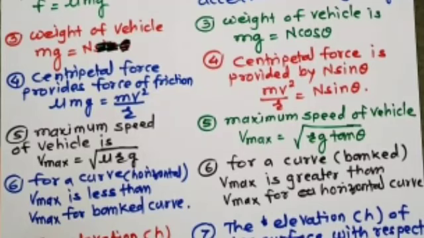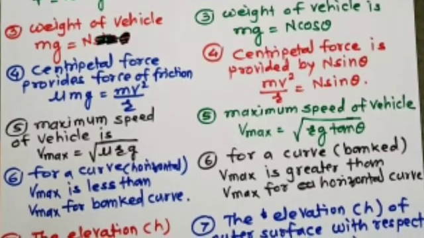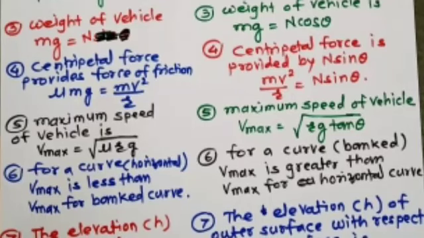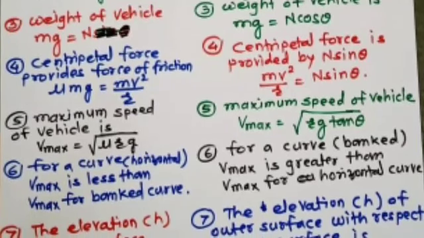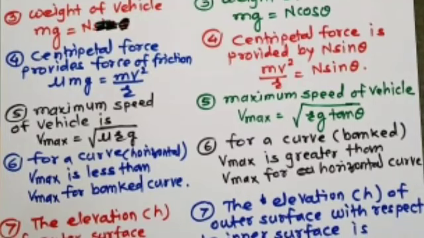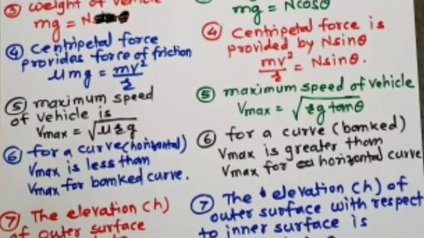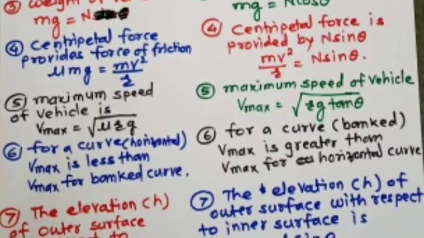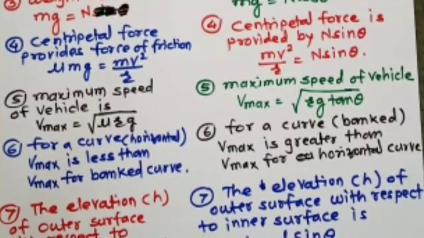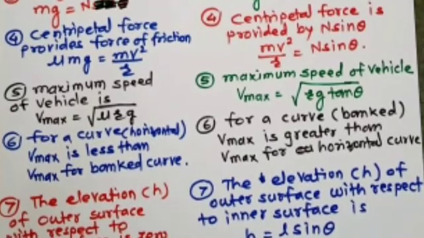Sixth point: for a horizontal curve, V maximum is less than V maximum for a banked curve, but in a banked road, V maximum is greater than V maximum for a horizontal curve. And the last point is the elevation.